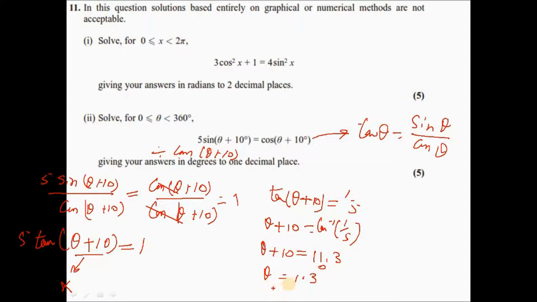So you can do the same step. Because tangent is positive, that means you must draw the angle of 1.3 in the first quadrant and in the third quadrant, and this is 1.3, this is also 1.3.